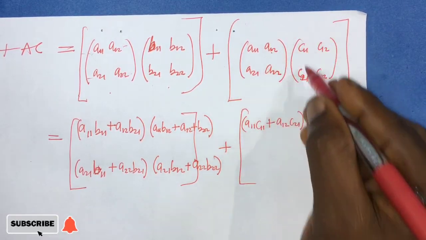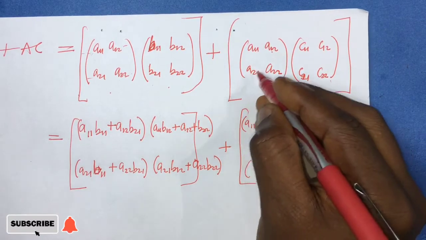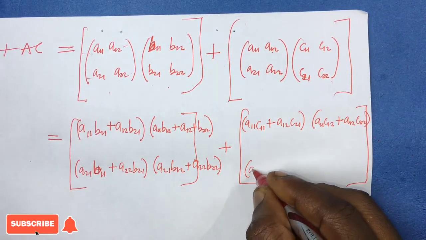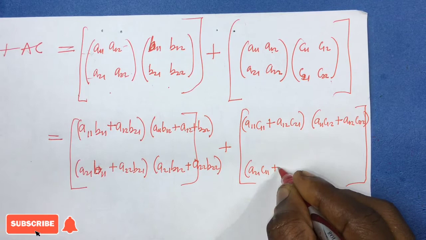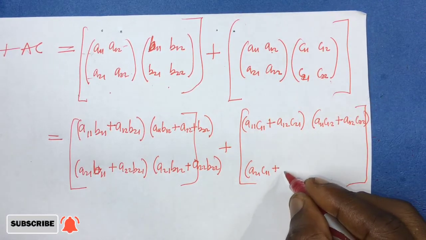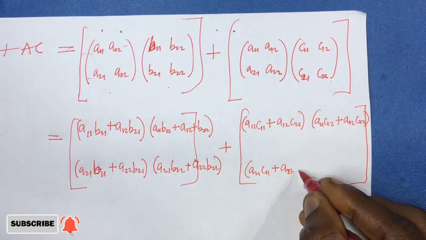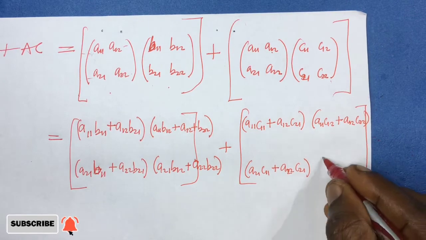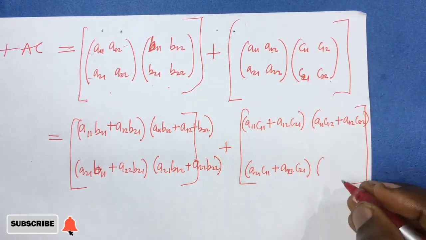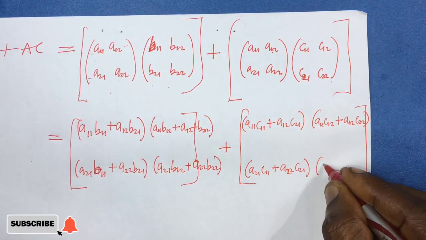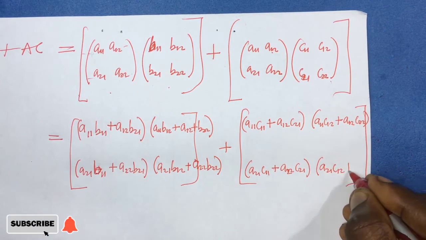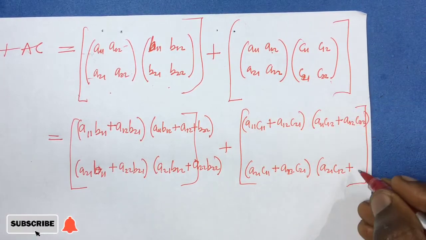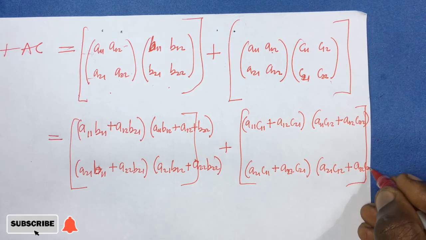Then use this to multiply this. That will give us A21 times C11 plus A22 times C21. Close the bracket, come over here: A21 times C12 will give us A21 C12 plus A22 times C22, which is A22 C22.